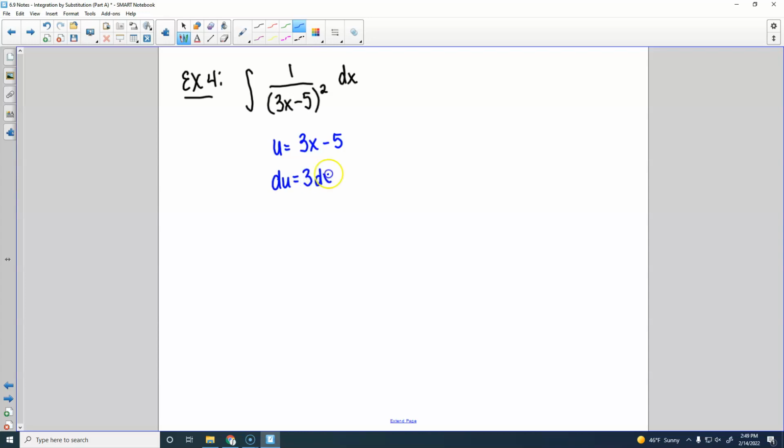Perfect. All right, so let's think about what we got here. I got a u right here. I don't have anything with my dx. I need a 3 with that dx. So I need to put a 3 right here. Let me use red so I know that I'm adding that in. I can't just put a 3 here. I got to put a 1/3 out here to balance that out.